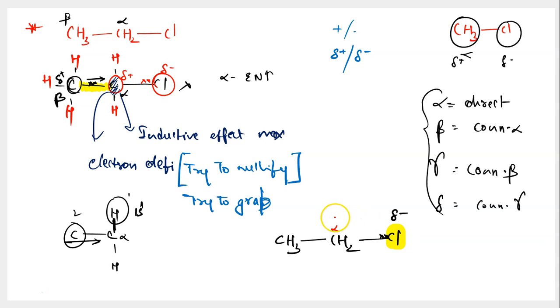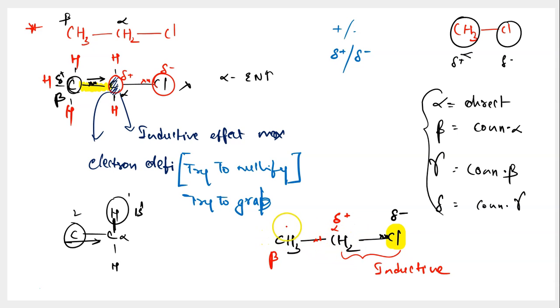And now due to this, there will be a delta positive charge on alpha carbon, and you call this as inductive effect. Inductive effect is maximum on alpha carbon, but then because of this inductive effect, alpha carbon have become a little unstable. To attain stability, it will try grabbing the electrons of beta carbon. It won't be able to completely attract the electrons towards itself, but it will manage to some extent.